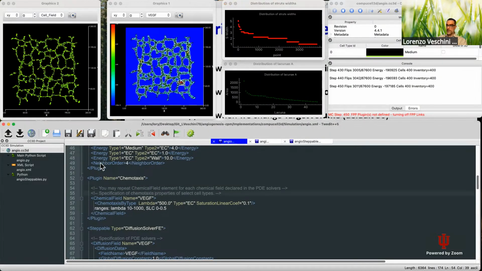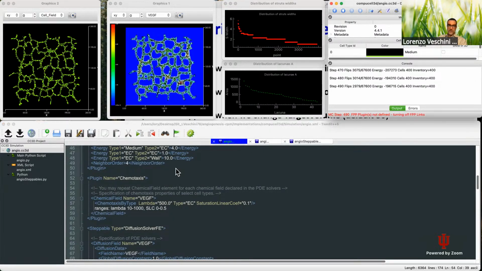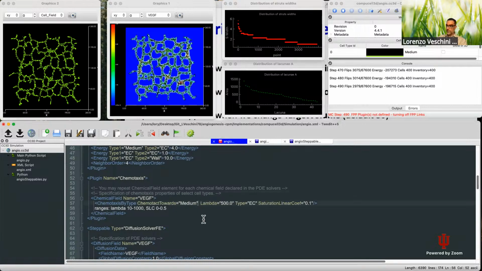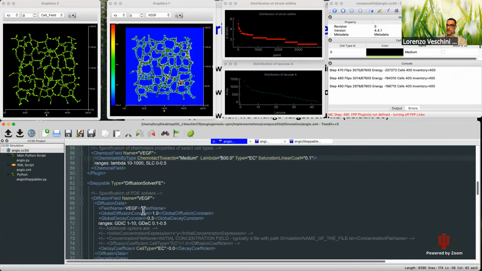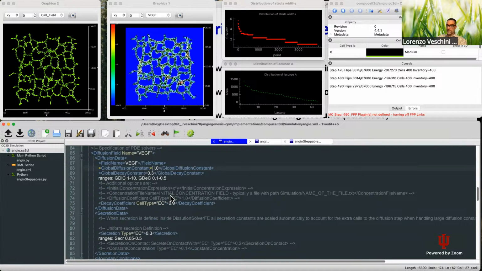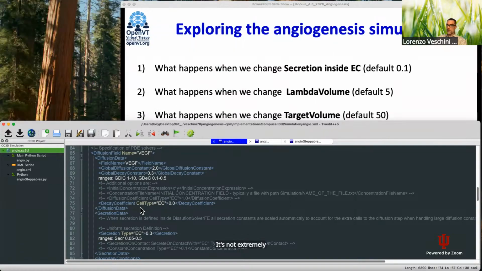That's a very high constant. It's not extremely high, but let's see what happens.